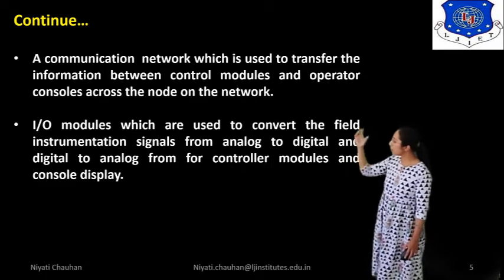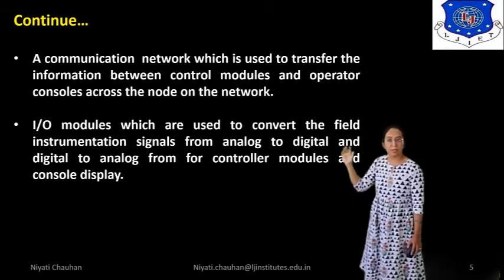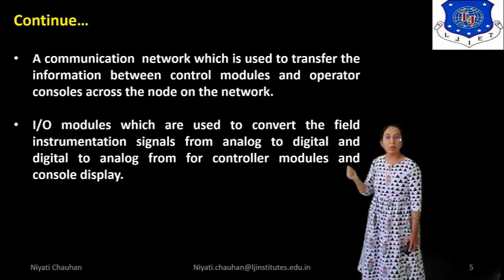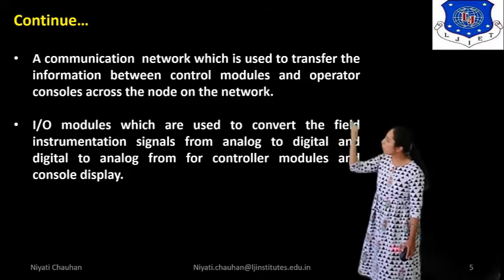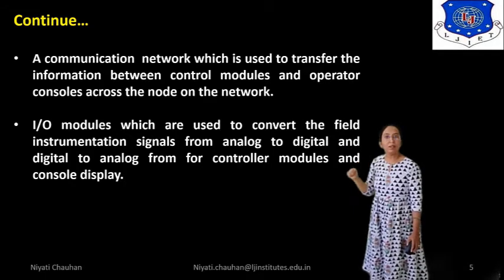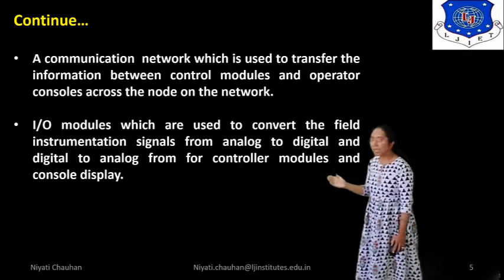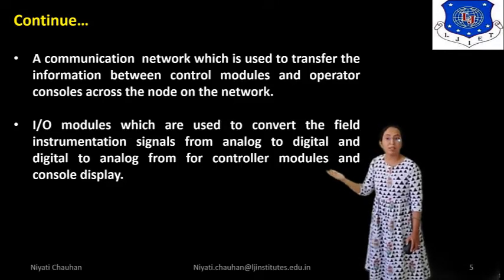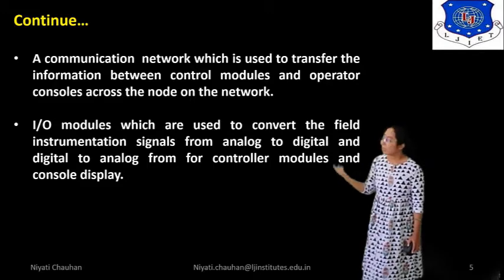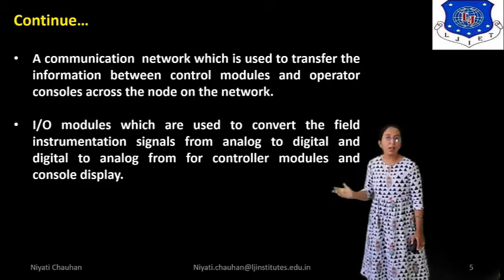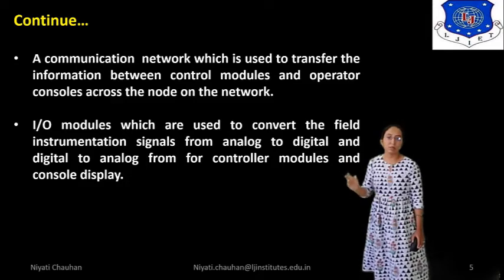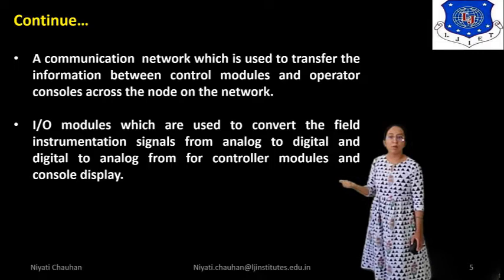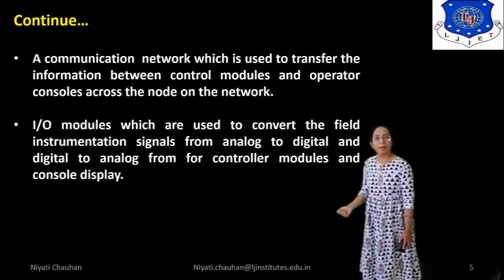So here we are discussing different features of DCS. In the first point we discussed the communication network, how to transfer data in our system. Then we discussed input-output modules, which are connected with field instrumentation, and input-output has analog signals as well as digital signals. So here we are converting analog to digital and digital to analog for the controller module and console display.